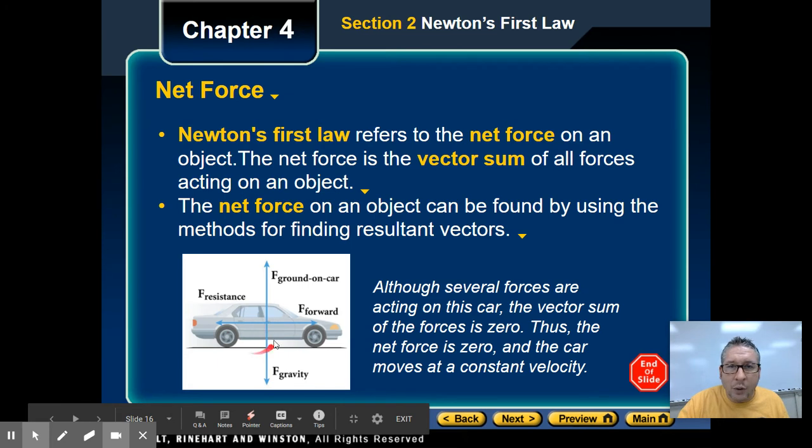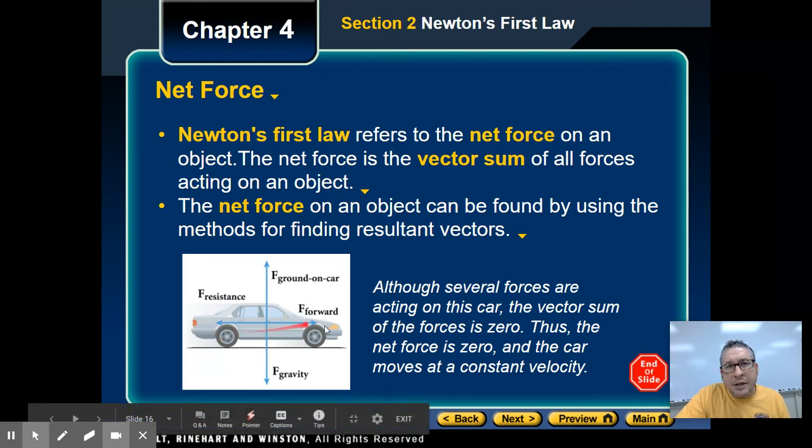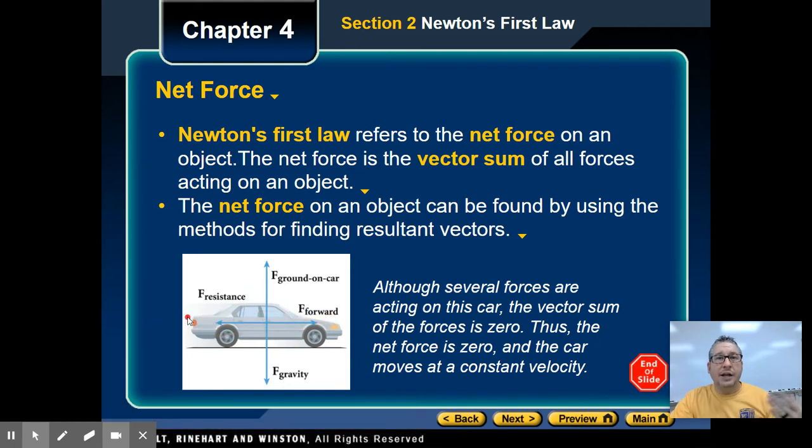And again, also an important note: you see that all the origins start right in the center of the object, okay? Now, these two vertical forces are going to cancel each other out. These two horizontal forces are going to cancel each other out. Only if we have an imbalance in these forces will we see a change in the motion.